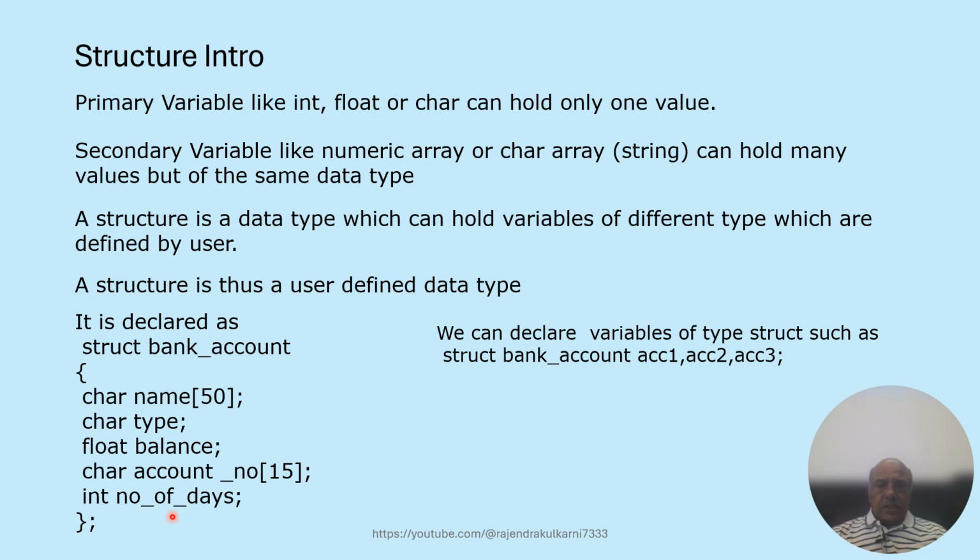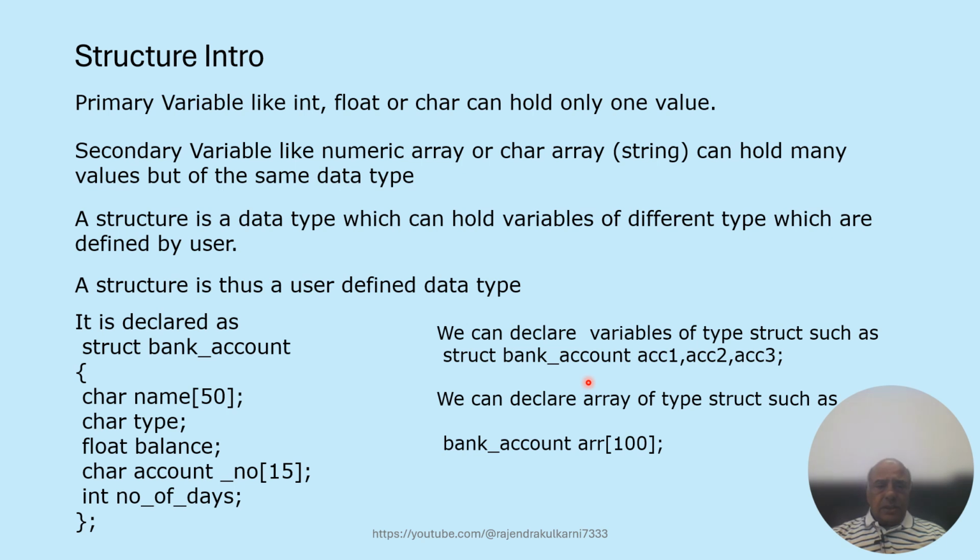We can declare a variable of type struct such as struct bank_account ACC1, ACC2, ACC3 and so on. There is no limit to the number of variables that can be declared for a structure data type.